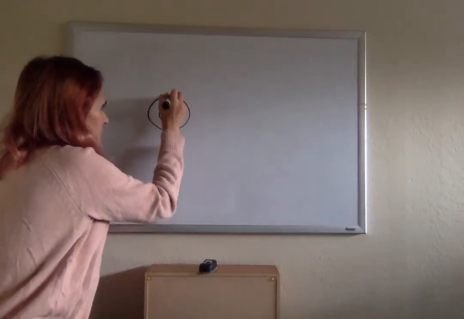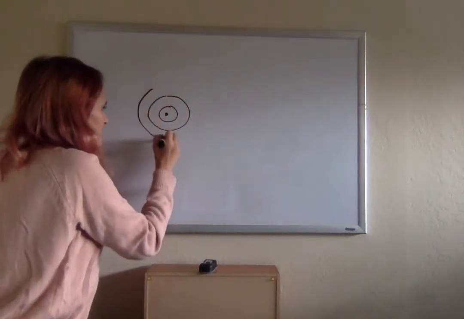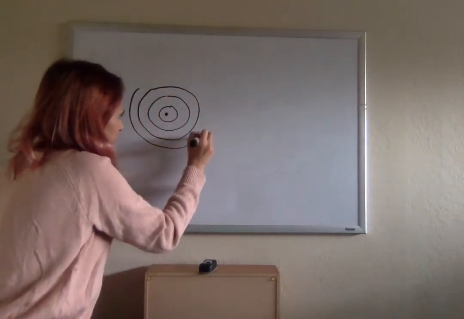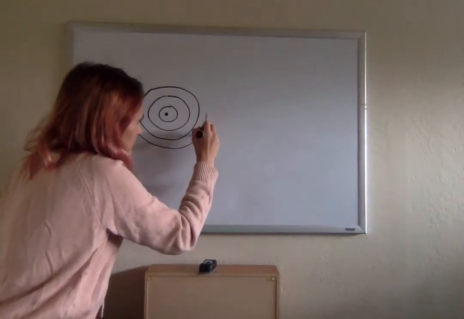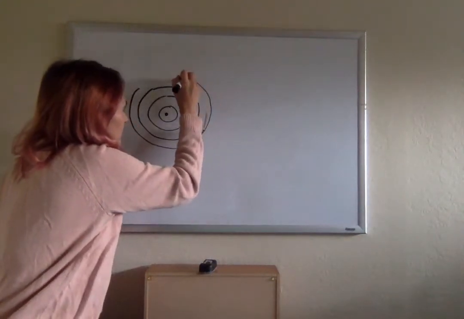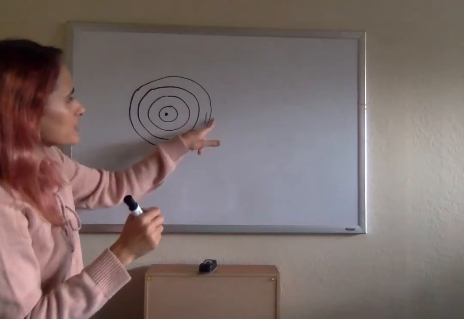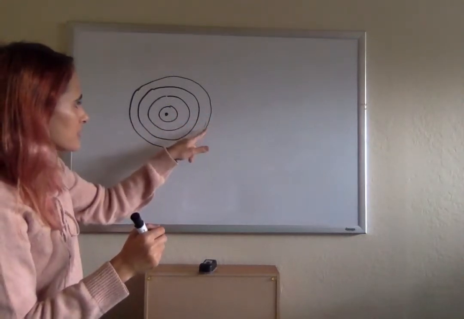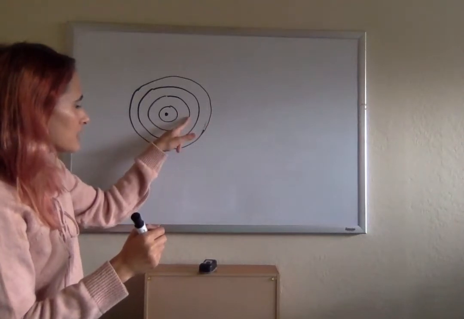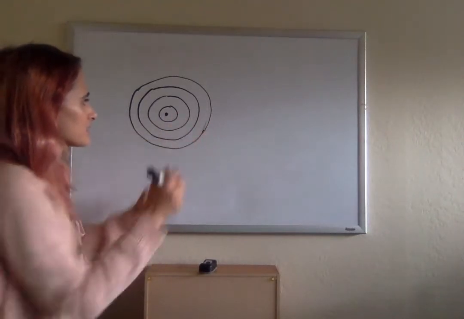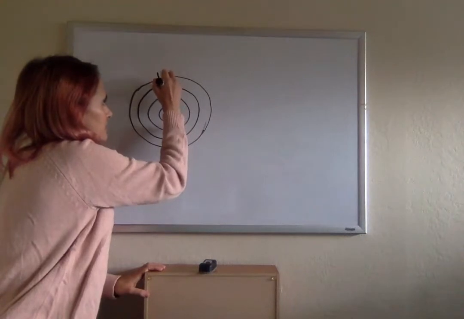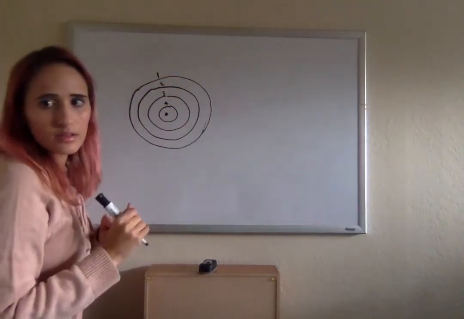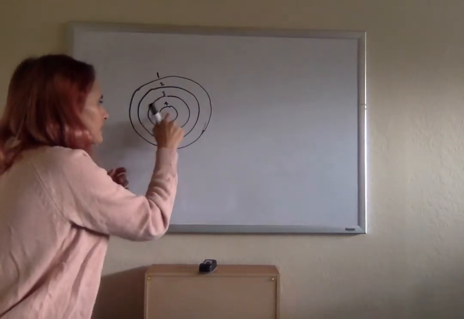And every time it gets to a certain distance, he sends a new wave out. So this one was sent out first, right? It started here and it moved outwards. And when this one got to this spot, this next one got emitted. So this one was first, second, third, fourth. And they're all moving outwards, right? So that's what happens if you've got this guy in the middle just standing still.